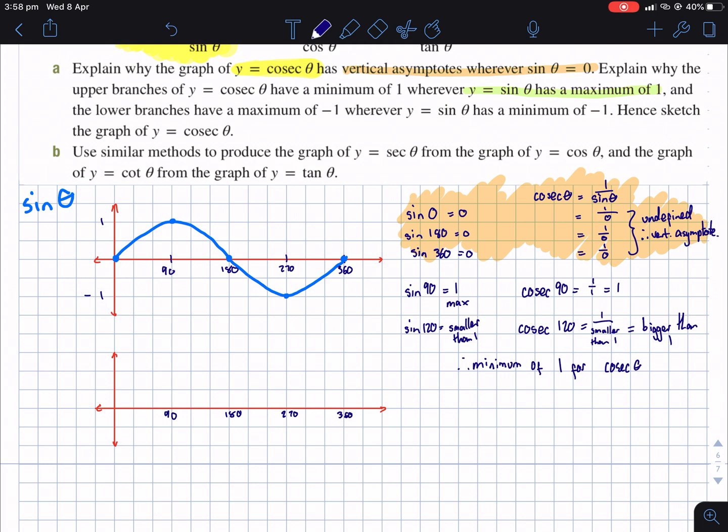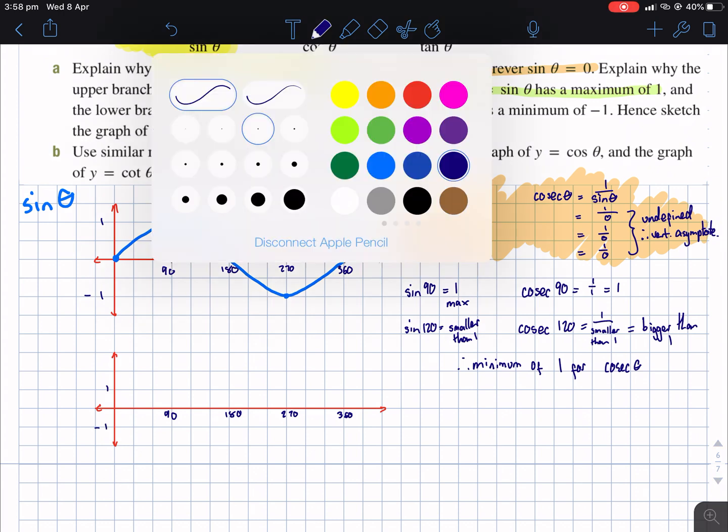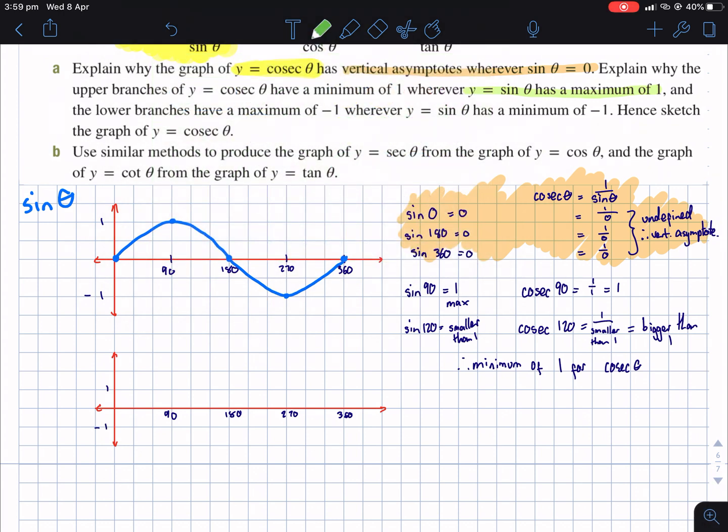I'm going to call this 1 and minus 1. Now, we're going to have vertical asymptotes whenever sine theta is 0. So it's never going to hit here. It's never going to hit here. It's never going to hit here.